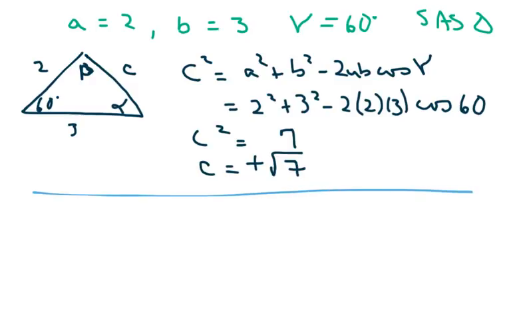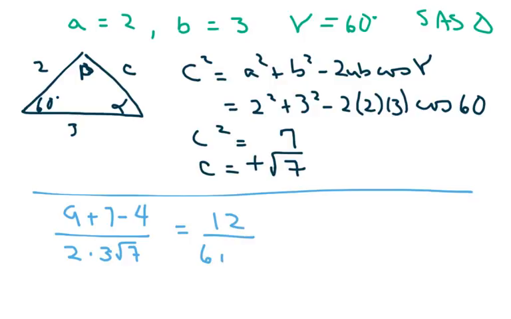We're going to have 9 plus 7 minus 4 over 2 times 3 root 7 times root 7. That's going to equal 12 over 6 root 7, which equals 2 root 7 over 7.